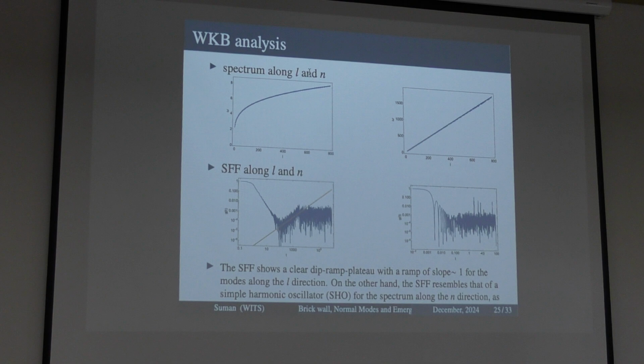Yes, I mean, in the growth sector, we are seeing these. So you see that time scale of e to the 1000? Why is it such a large time scale?